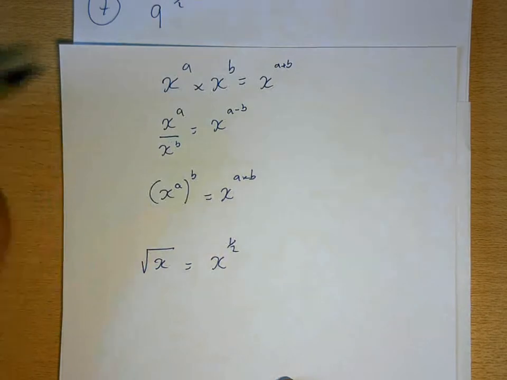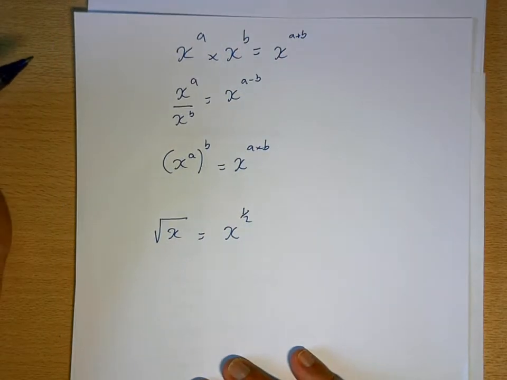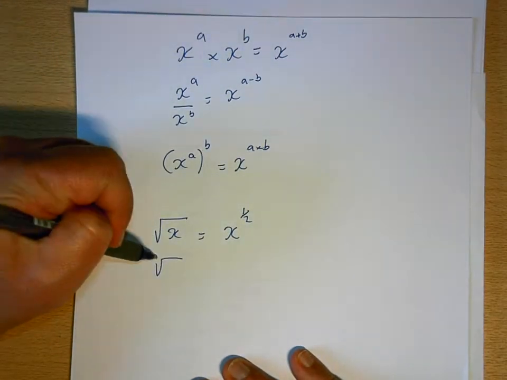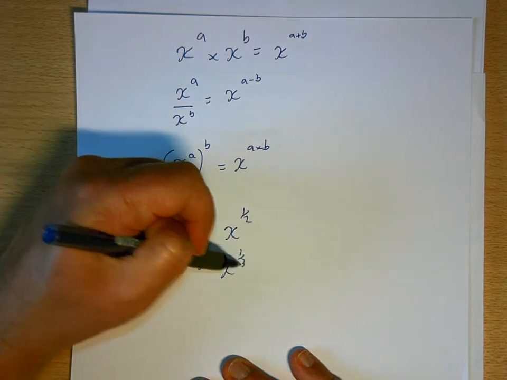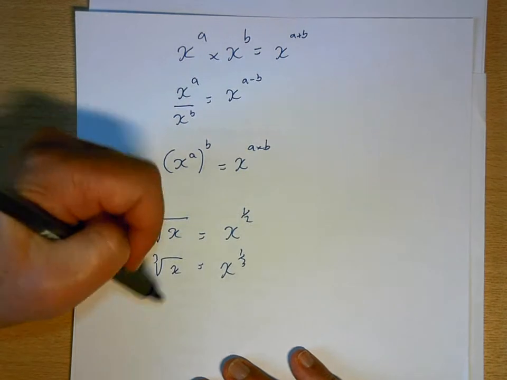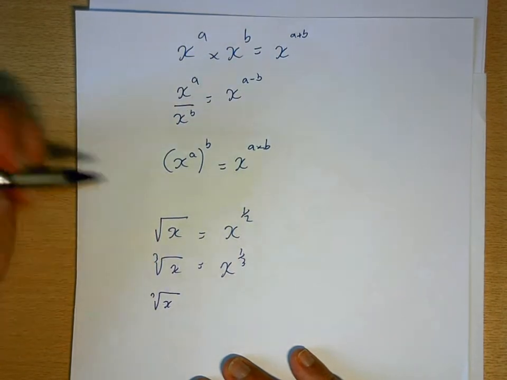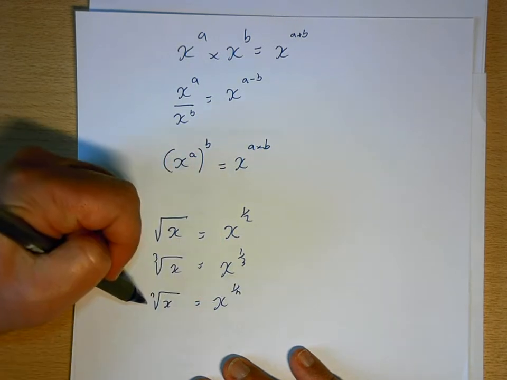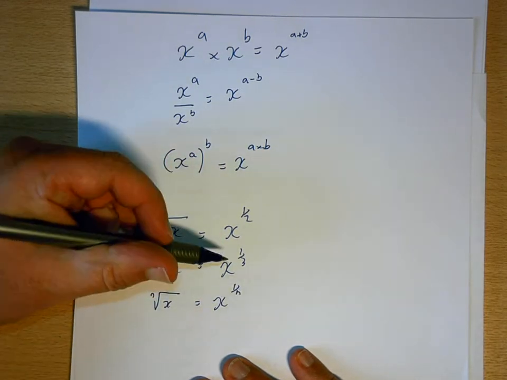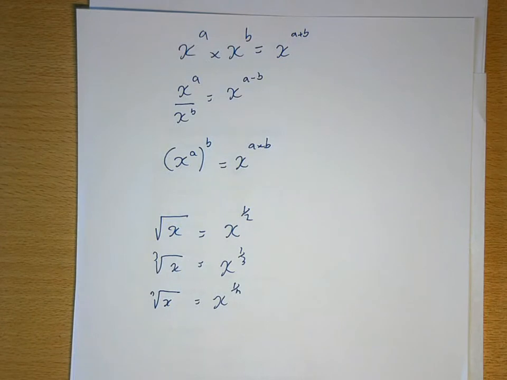So a square root would be the same as x to the power of a half. A cubed root would be the same as x to the power of a third. So if you've got the nth root, any number, then that would be 1 over whatever that number is. If it was a fifth root, it would be 1 over 5, and so on and so forth.